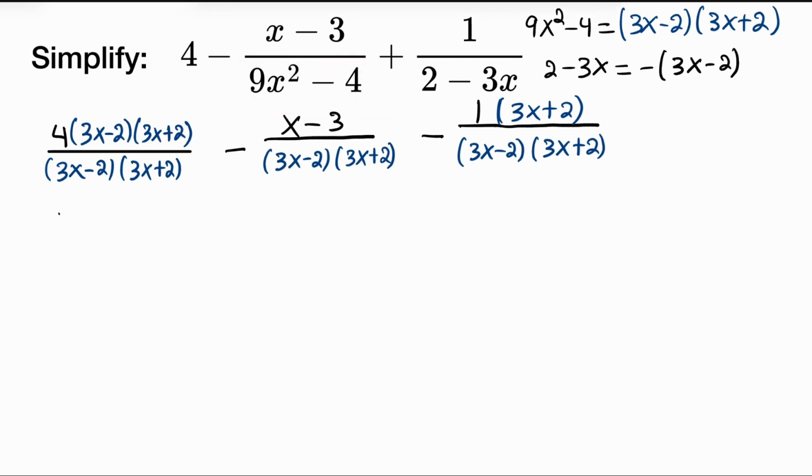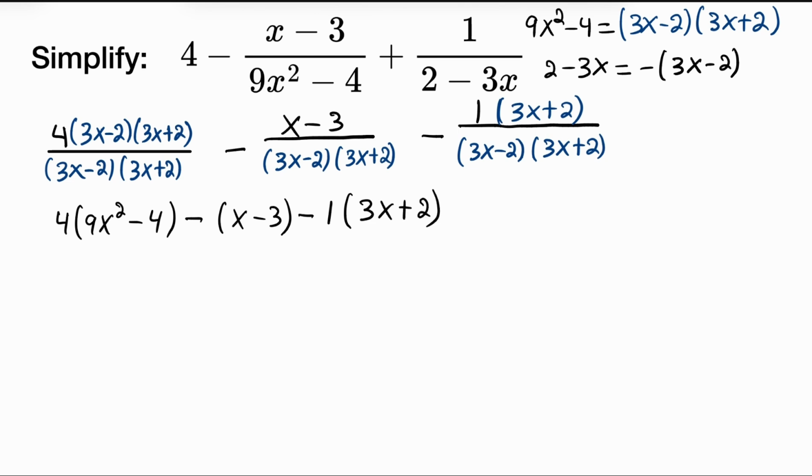And that is 4 times 9x squared minus 4, minus, and then we have this x minus 3. Remember, we are subtracting, minus 1 times 3x plus 2. Okay, so now we can go ahead and expand this numerator even further.